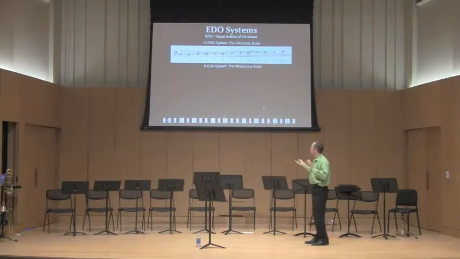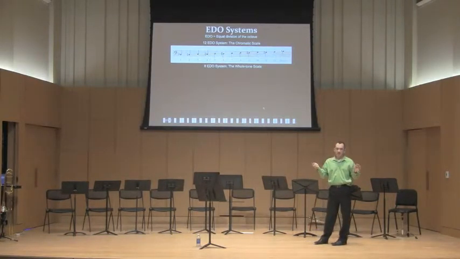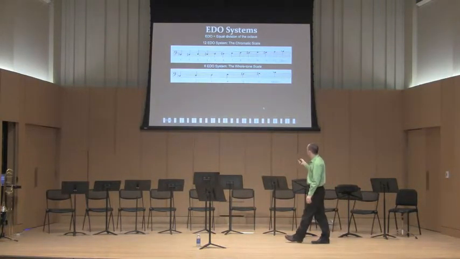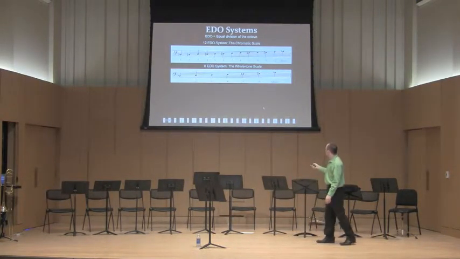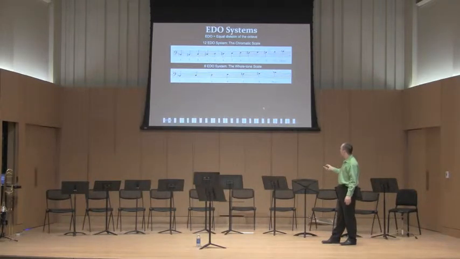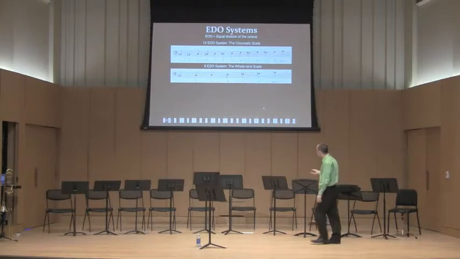If we were to divide the octave into only 6 equal parts, we'd still get pitches that are very comfortable to us, because it would just be every other pitch of the chromatic scale. We call this scale the whole tone scale, because the distance between each of these notes is a whole tone, 200 cents.